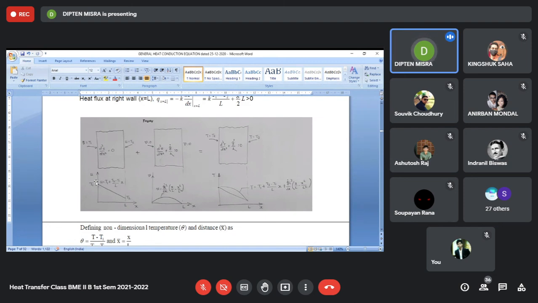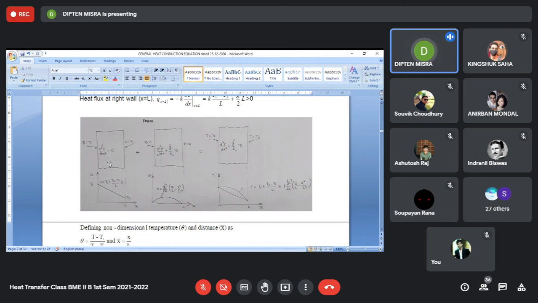has to be so, because if you don't have any heat generation, then where from the heat comes, whatever enters from the left, the same amount of heat has to come out to the right, because it is under steady state. When the problem you are considering is a steady state problem, that means there is no internal heat accumulation, there is no internal heat depletion, there is no internal heat generation.